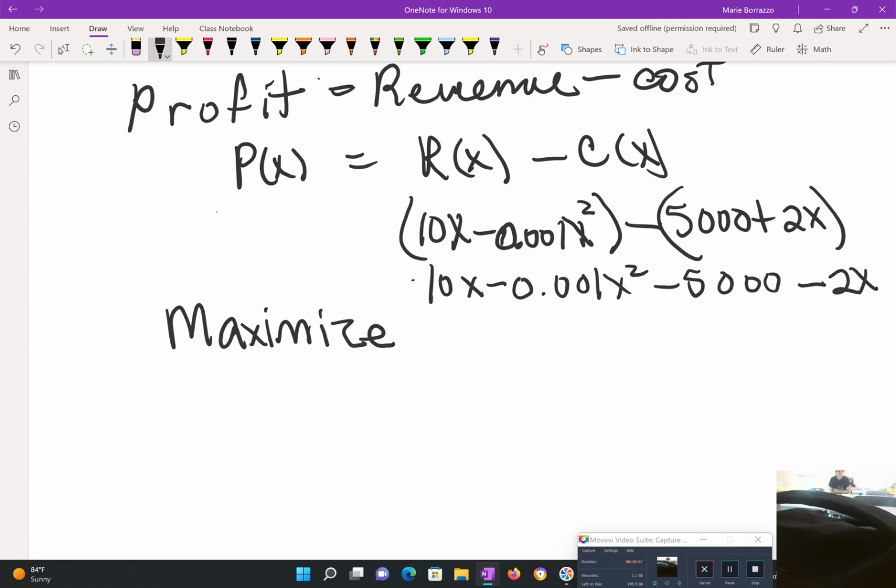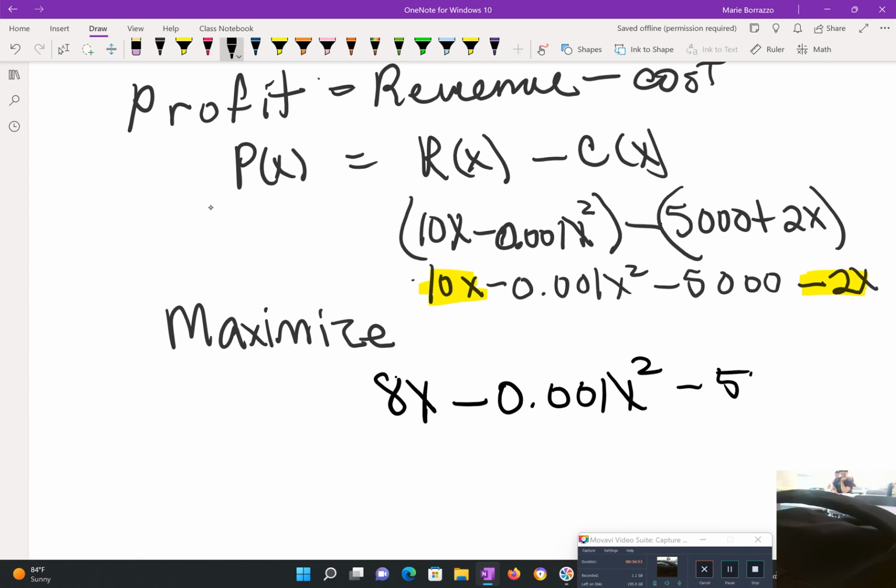You understand now why I'm about to write 8x, right? So we're going to maximize 8x minus 0.001x squared minus 5,000. Remember that this has to fall between 0 and 10,000.